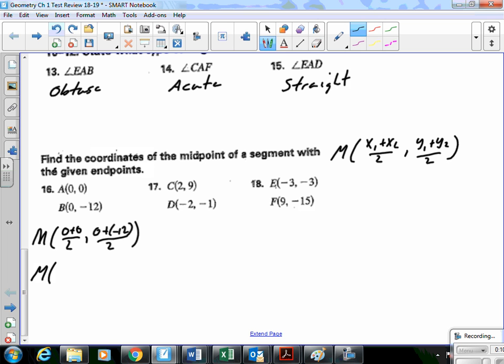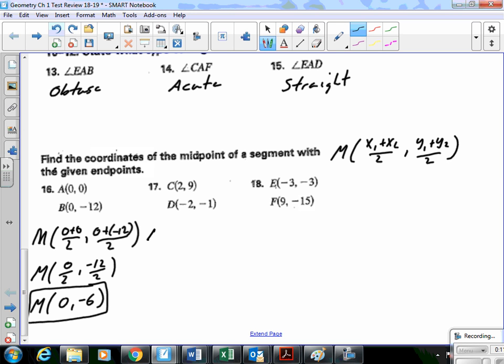So 0 over 2 is 0, negative 12 over 2, negative 6. The midpoint is 0, negative 6.